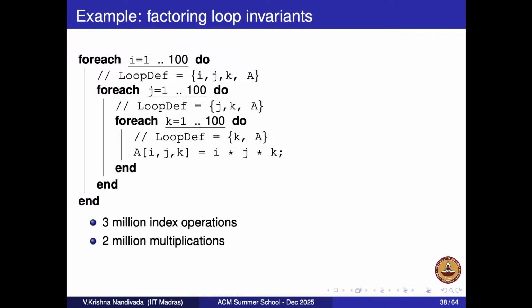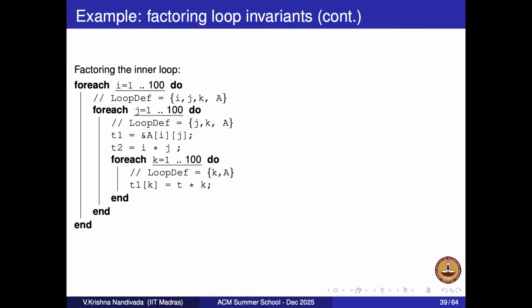Do you see any further invariants here? A sub I j can go here, so A sub I j can go here. So that's what I did. I did T2 equal to I times j. Oh, yeah, this should be T2. And then T1 is address of A sub I j.